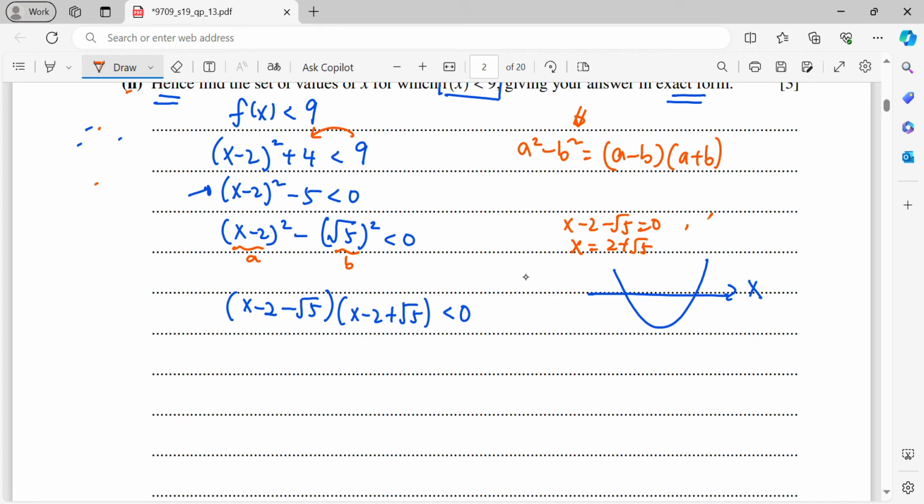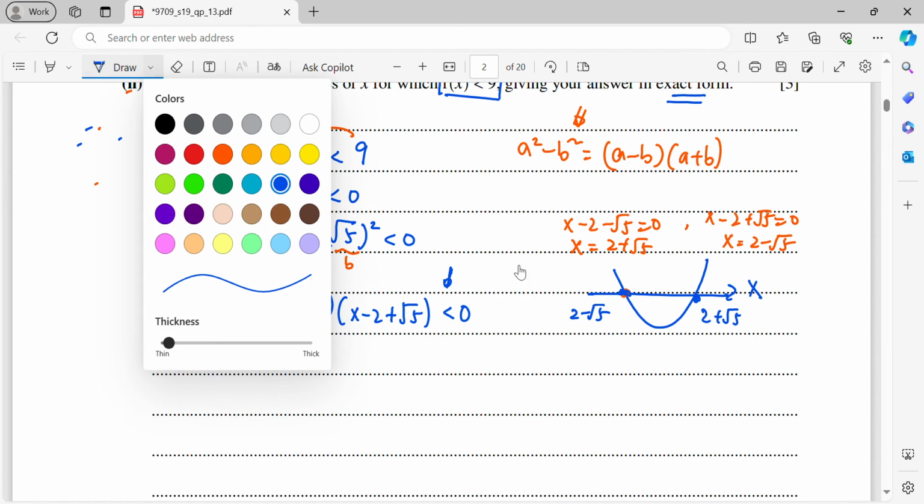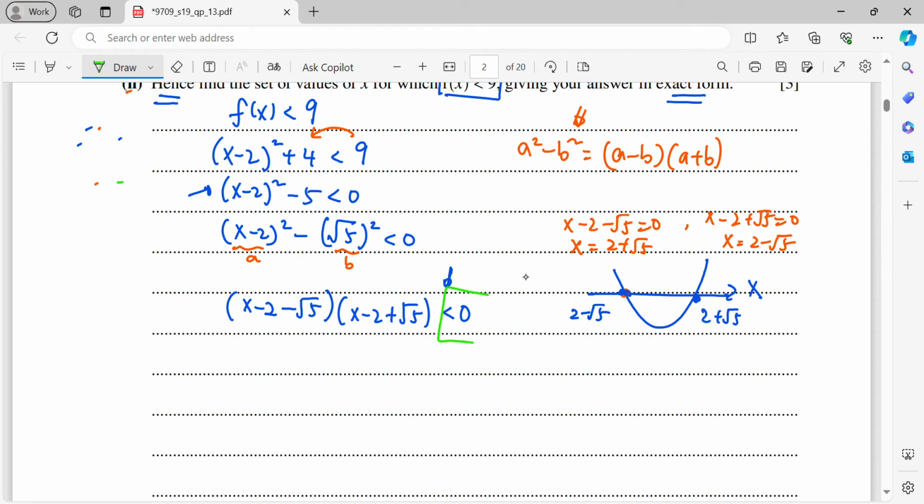For the other one, x minus 2 plus square root 5 be 0, my x will be 2 minus square root 5. So obviously this is the smaller one, 2 minus square root 5, and this is 2 plus square root 5. Since it is less than 0, my graph will be below the x-axis, which means my region will be in between these two values. So that is my solution of this question.